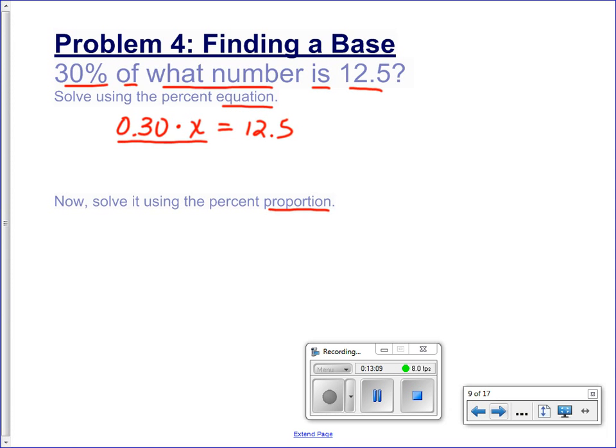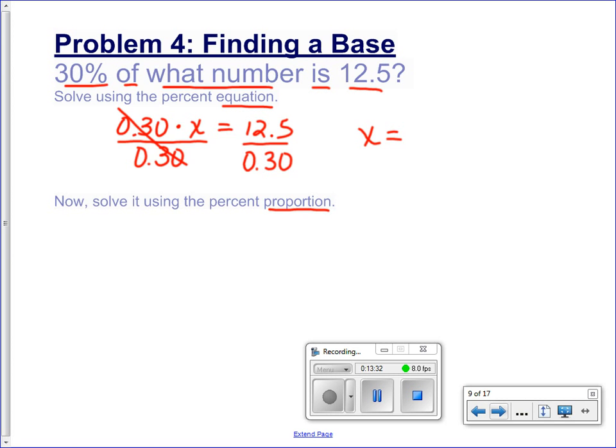To isolate the x, we want to divide by 0.30. Do the same on the right-hand side. And we get our answer, x equals 12.5 divided by 0.30.